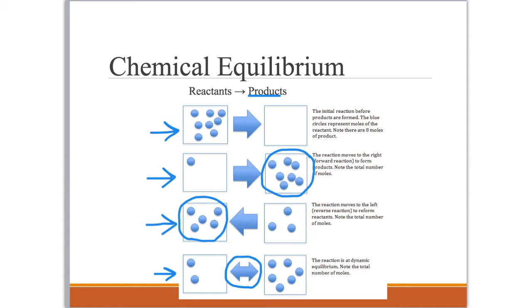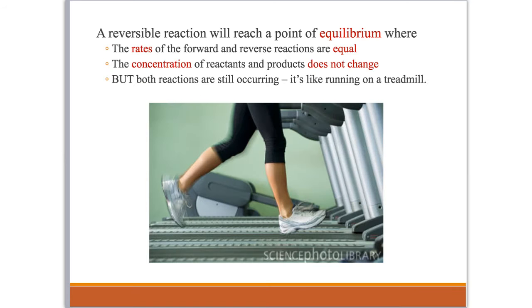And at this point, the concentration of the reactants and the products is not going to change, but the reaction is actually still going on. We just can't see it. It's kind of like running on a treadmill. At this point of equilibrium, the rates, how fast things are changing, of both the forward and the reverse reaction are equal.